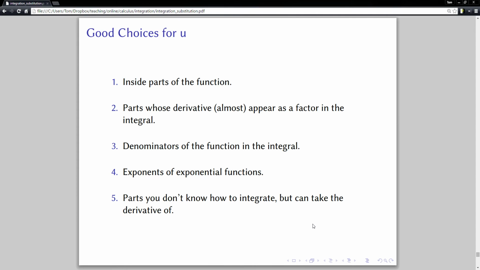It's the same thing for inverse trigonometric functions. For instance, we don't have anything that tells us what the antiderivative of the tan inverse function is, but we do know that the derivative of the inverse tangent function is 1 over 1 plus x squared. So those would be good choices for u in the problems there. And as you look through the examples and work through the problems, you'll kind of identify which parts are good choices for u.